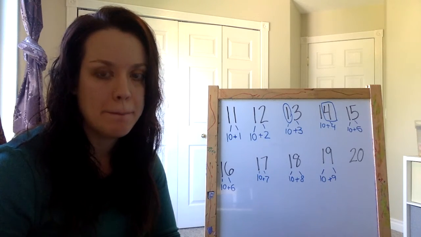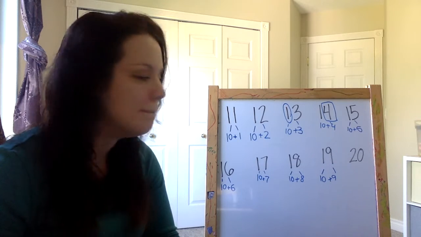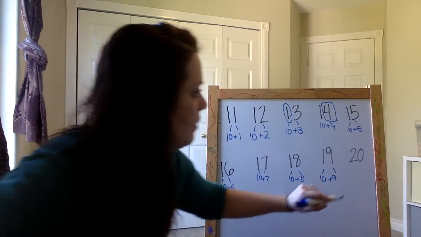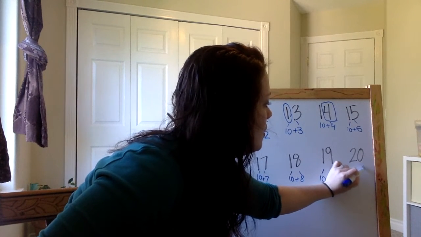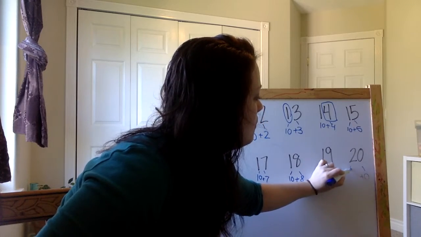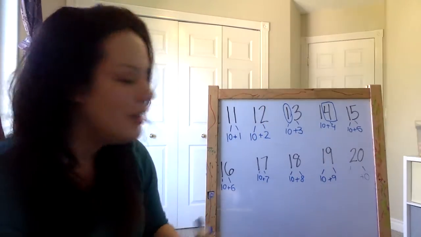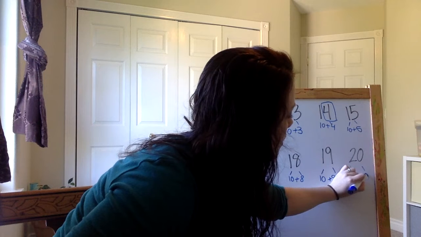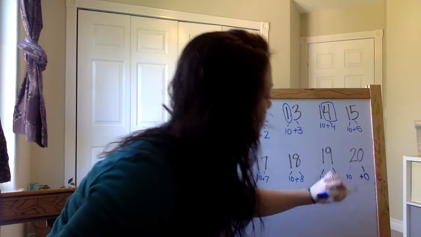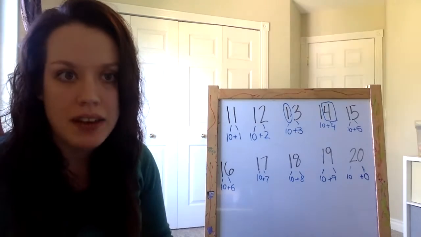And now we have 20. 20 doesn't have anything over here, huh? That's a 0. It's got 0 extra. But it has more than 1 10 over here. And I know that because 10 and 0 would just be 10.